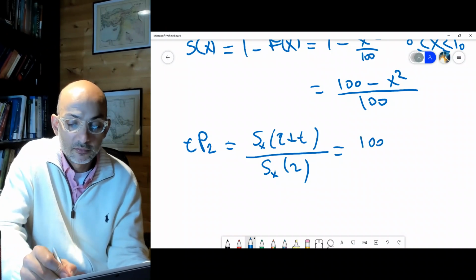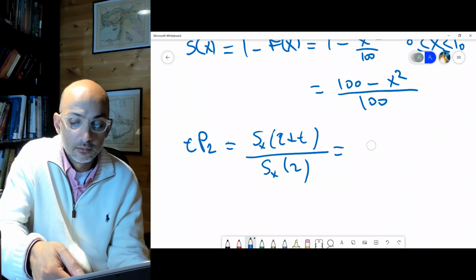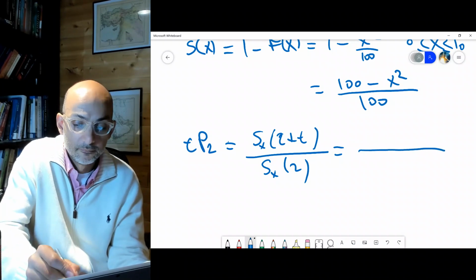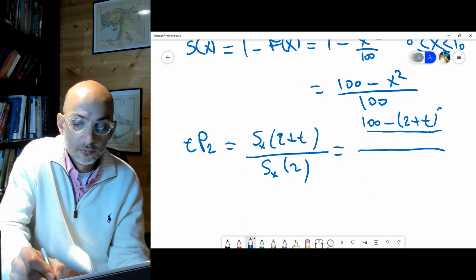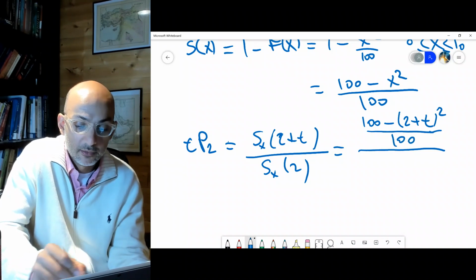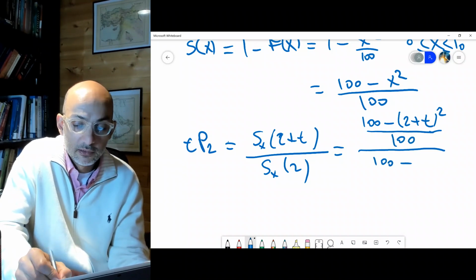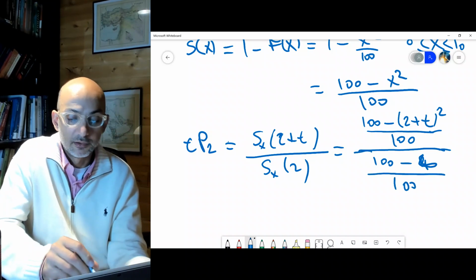1 minus, let me write this line here, 1 minus 2 plus t raised to 2 divided by 100. s of 2 is 100 minus 2 squared, 4, divided by 100. You see what I did here, right? It's simple.